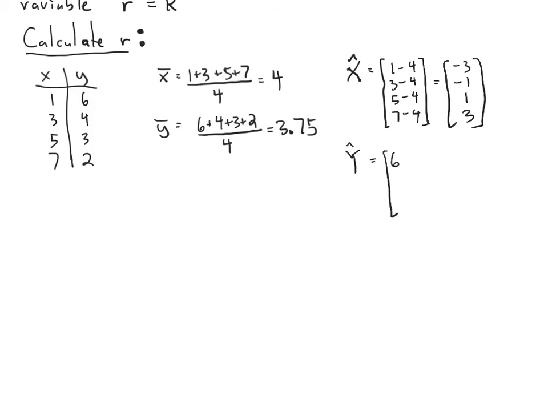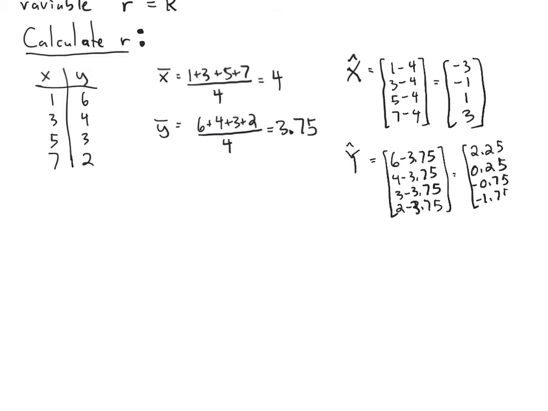So it's 6 minus 3.75, 4 minus 3.75, 3 minus 3.75, and 2 minus 3.75. If we do that, we get 2.25, 0.25, negative 0.75, and negative 1.75. So there we go. We've calculated our x hat and our y hat.